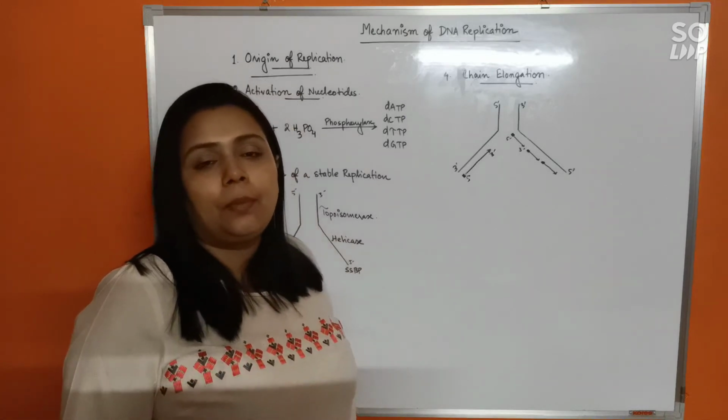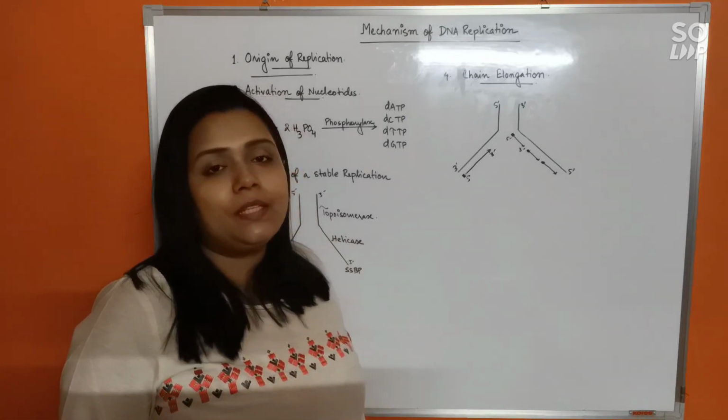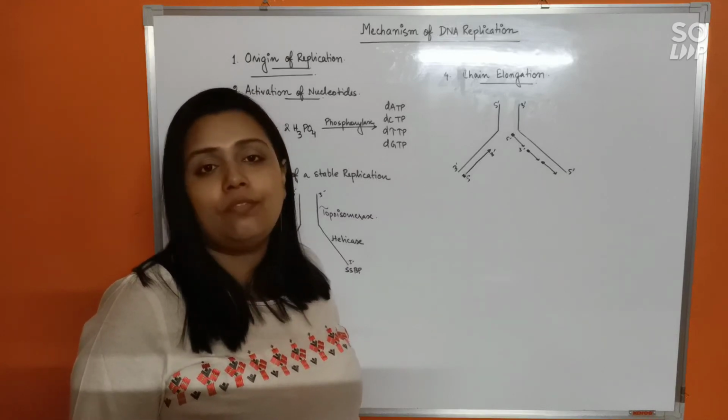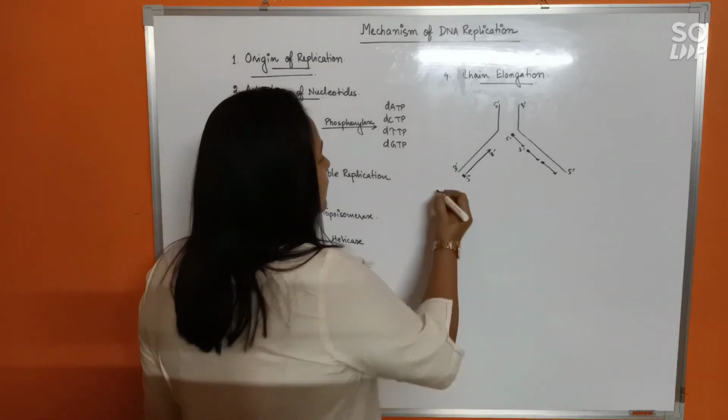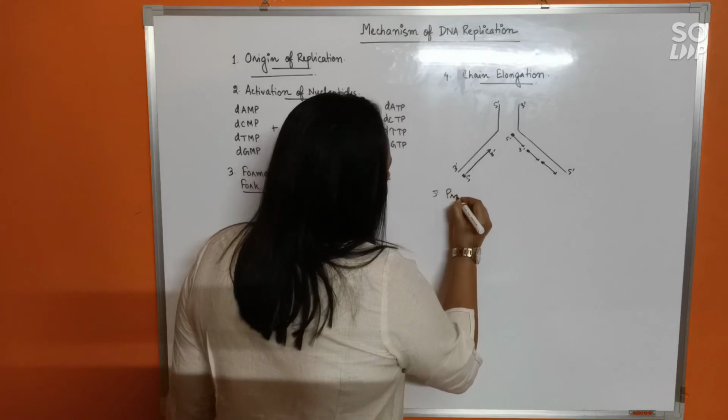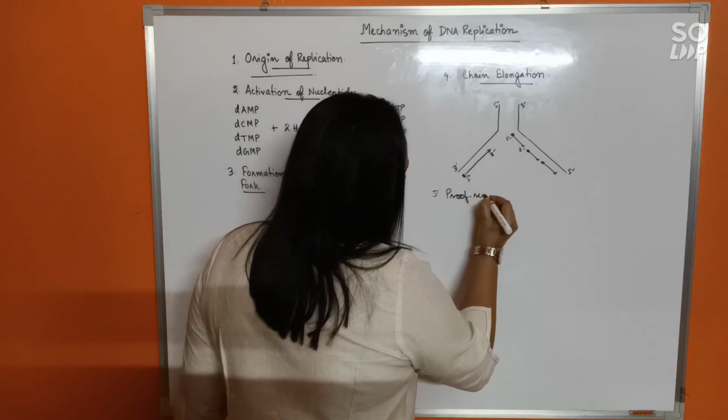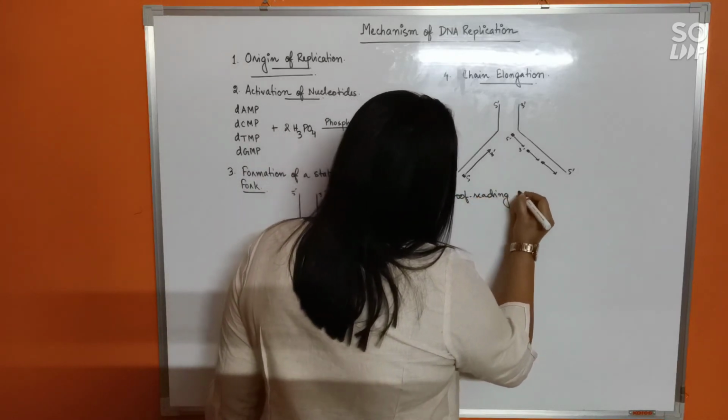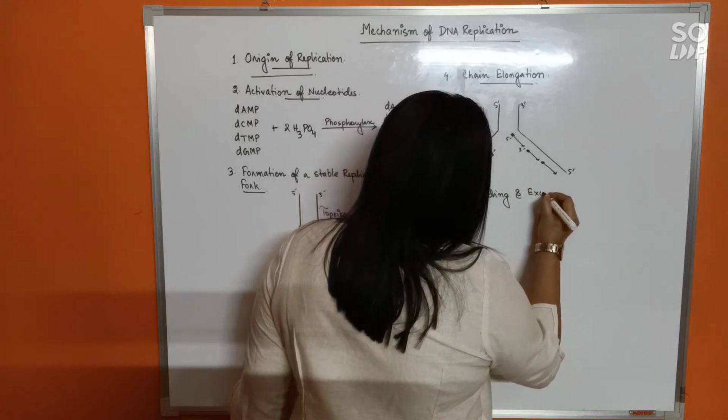Understood? But even after this, DNA polymerase has another very crucial function to perform. That is proofreading and exonuclease activity.